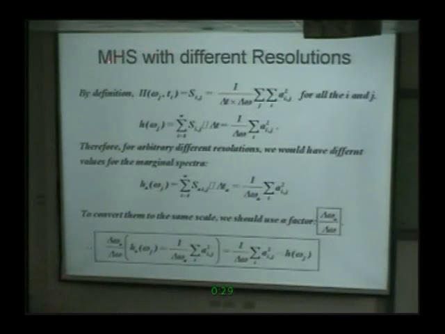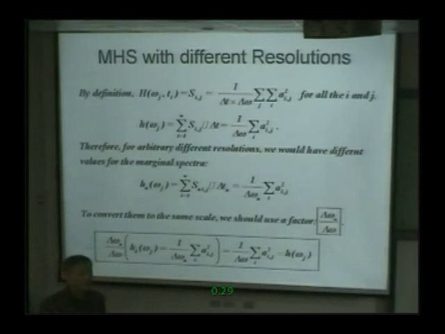Now, what if my marginal spectrum has a different resolution? This is the definition. If we have arbitrary resolution, including arbitrary cutoff frequency, when I do the Hilbert spectrum, I don't have to go all the way to Nyquist.